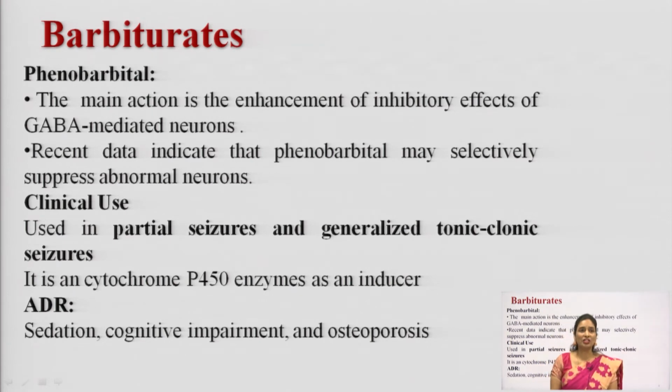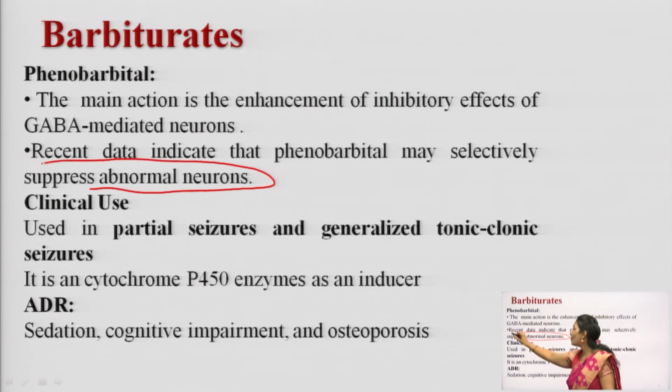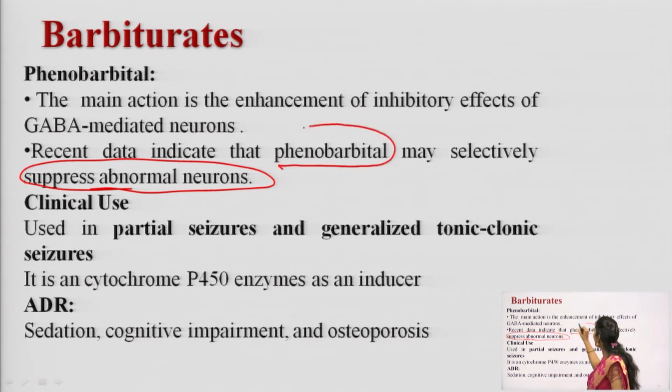Very recent studies have given data that phenobarbital selectively suppresses abnormal neurons. If you have any abnormal neurons, to suppress those particular abnormal neurons you can use barbiturate drugs, especially which type of barbiturate? Phenobarbital. Okay.